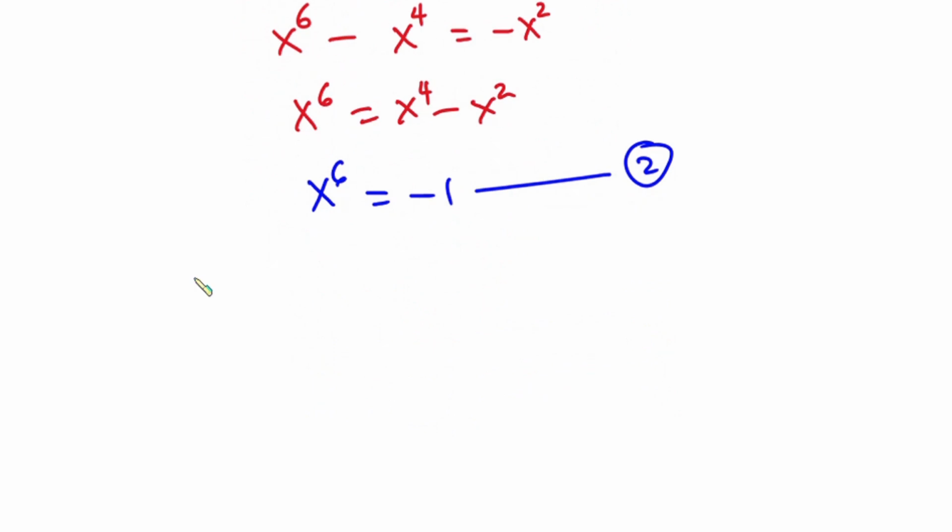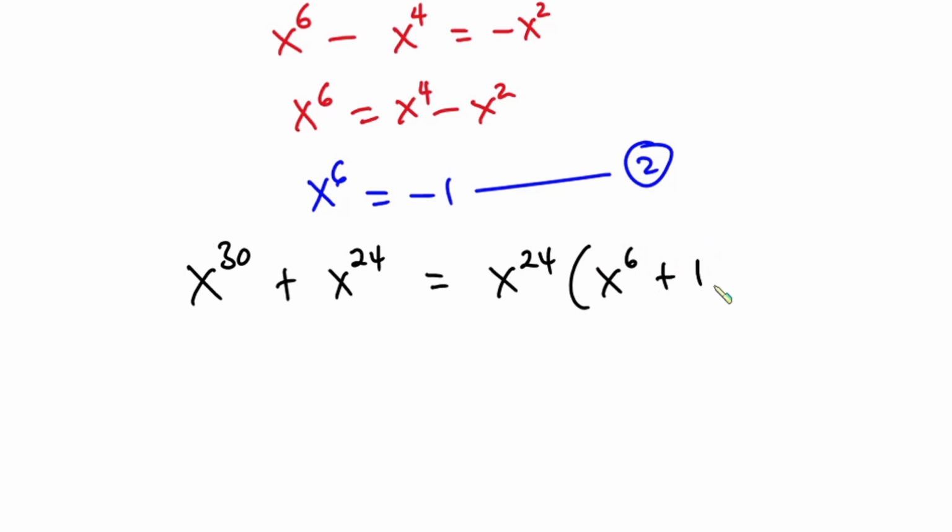From the problem, we have to find x to the power 30 plus x to the power 24. Now let's factor x to the power 24. So we have x to the power 24 times (x to the power 6 plus 1). And from equation 2, we know x to the power 6 to be negative 1. So in place of this x to the power 6, I'm going to put negative 1.